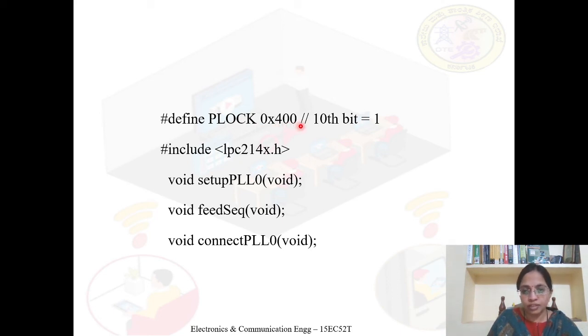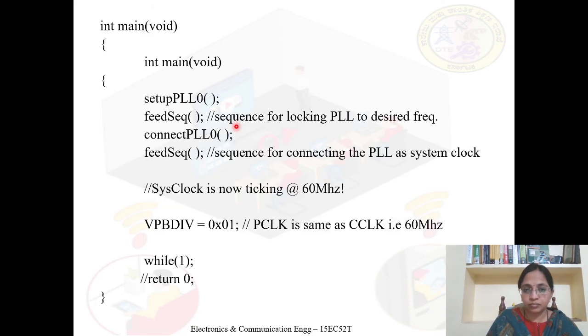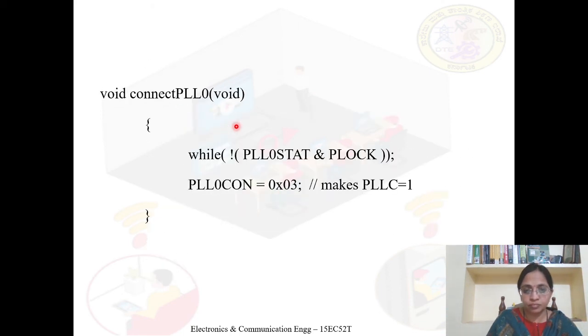This 400 hexadecimal number means we are considering the lock pin that is present in the status register, and we are monitoring whether this lock pin is becoming equal to 1 or not using this while statement.